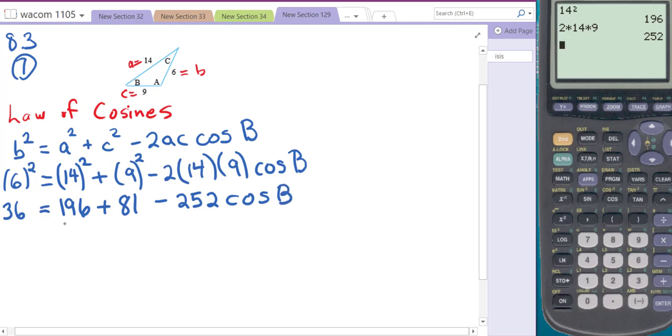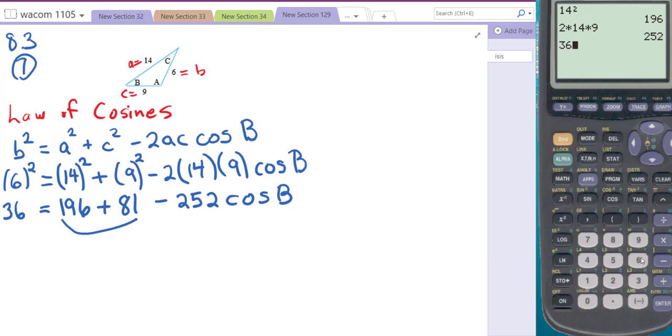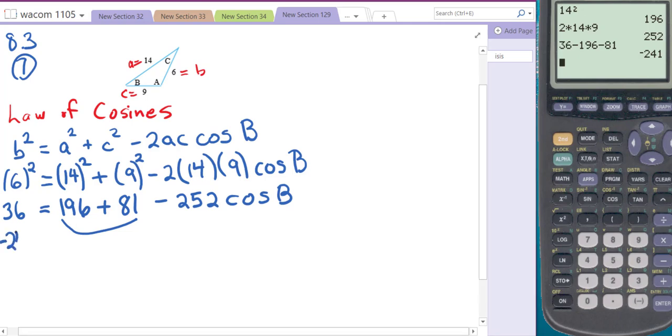All right. So I'm going to need to move these two numbers to the other side. So I have 36 minus 196 minus 81. Enter. So I have a negative 241 equals negative 252 cosine of B. Right?